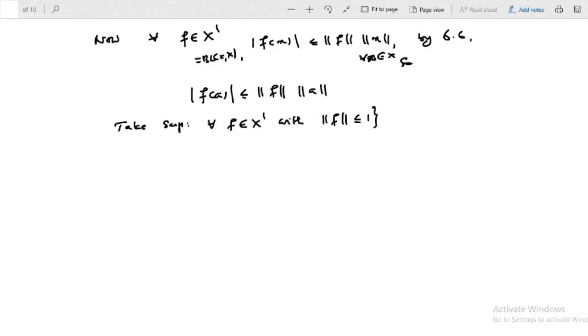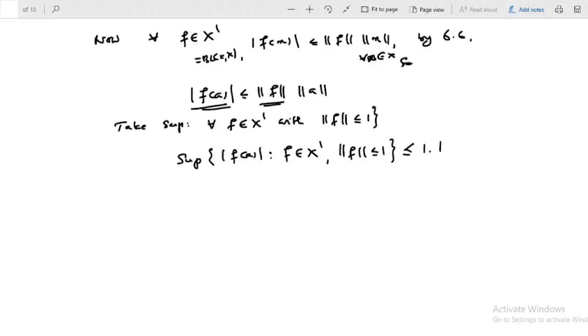Then we get, on the left side, the supremum of the set modulus f of a such that f belongs to X dash with norm f less than or equal to 1, and on the right side the supremum of the set norm f into norm a such that f belongs to X dash with norm f less than or equal to 1. The maximum of norm f is 1, therefore it is less than or equal to 1 into norm a.